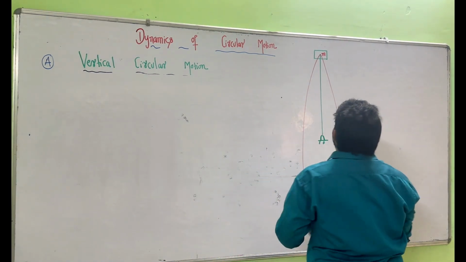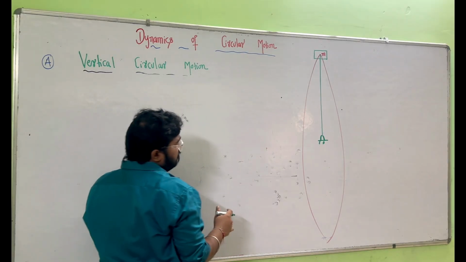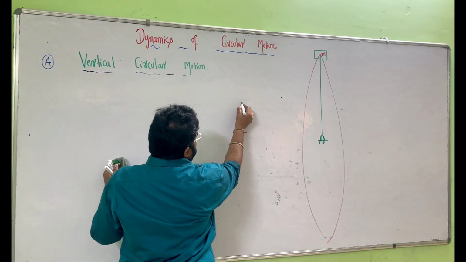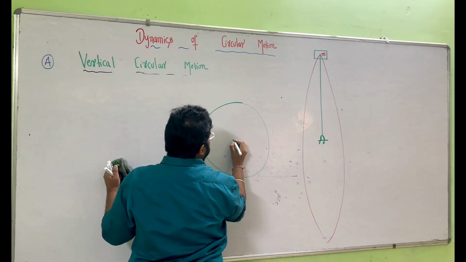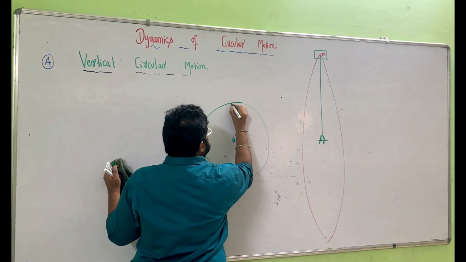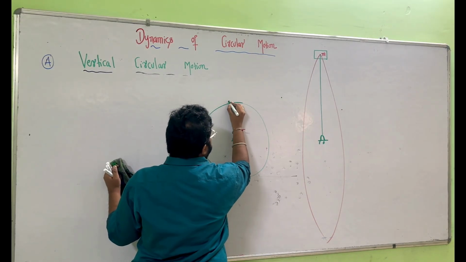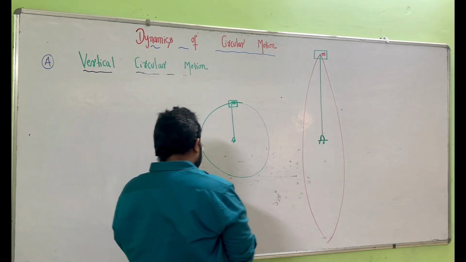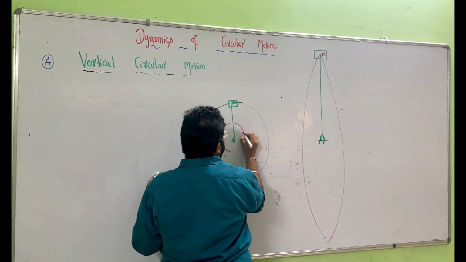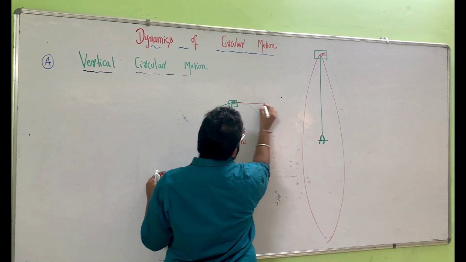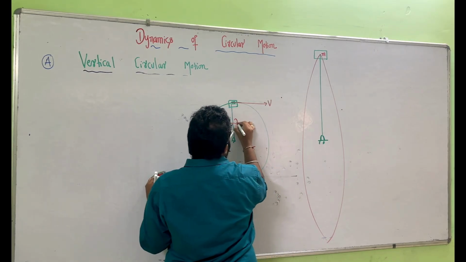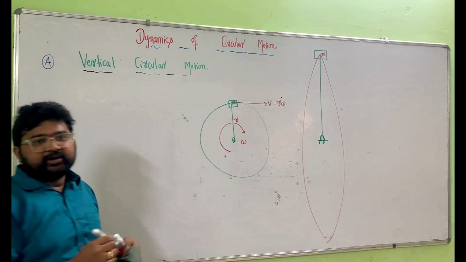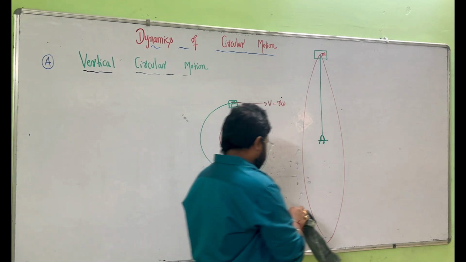Vertical circular motion, so we need to see it from the side. The point mass is here, rotating in this particular direction. If omega is the angular velocity, this would be v, with v equal to R omega. Understood? So now apply dynamics.